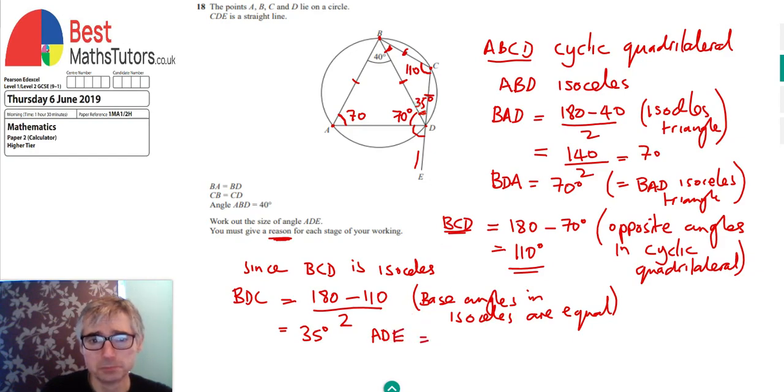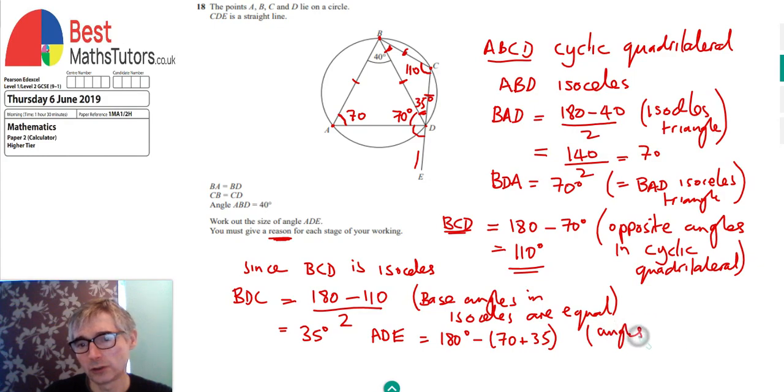So ADE is going to equal 180, because this angle is on a straight line, but then minus those two added. I'm going to use a bracket just to show what I'm doing: 70 plus 35. And the reason is angles on a straight line add to 180.